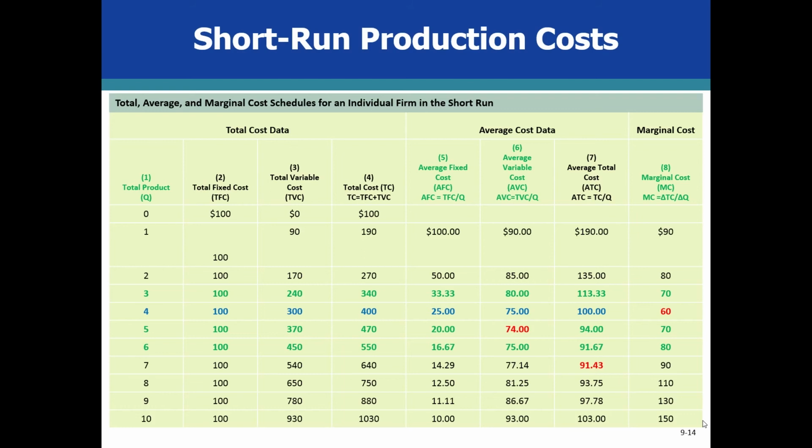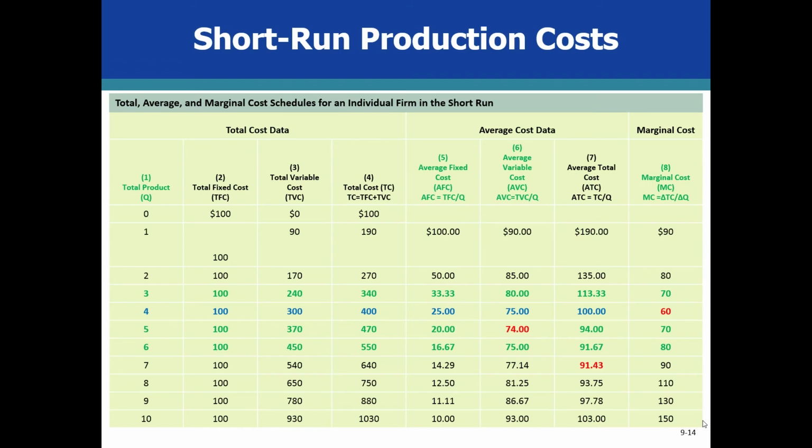Marginal cost, the change in total cost divided by the change in quantity, is shown in column 8. It goes down and reaches a low point of $60 a unit. Again, I've shaded this in red, at 4 units of production. After that, it starts to go up.